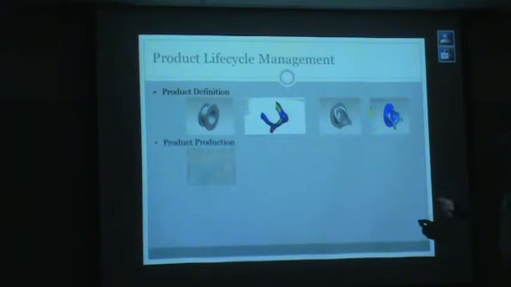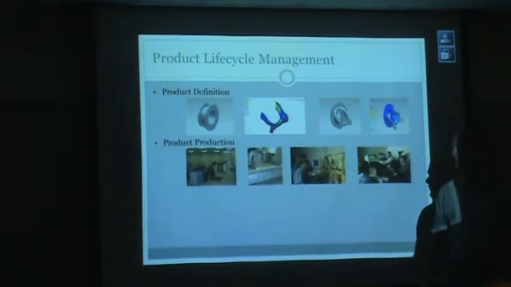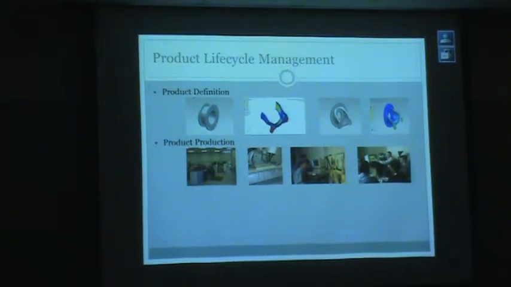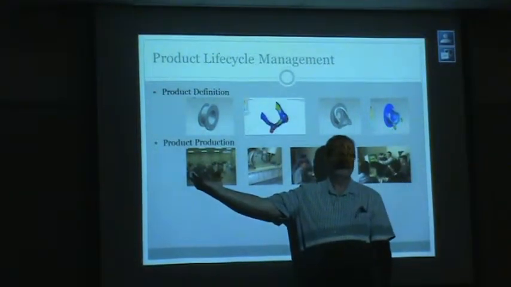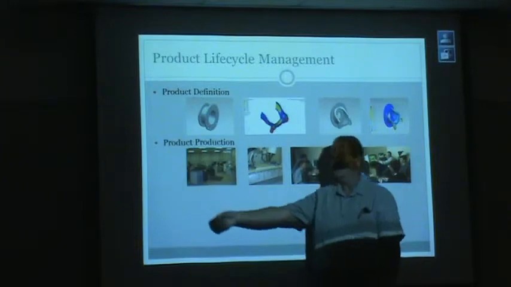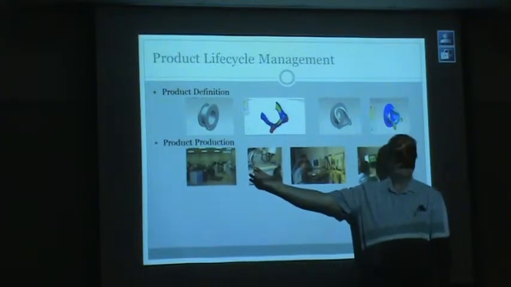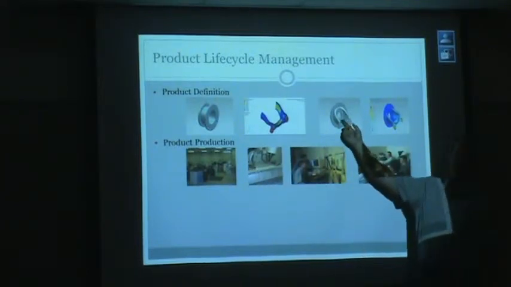Oh, okay. The next thing that you'll find in a PLM system is what is referred to as kind of the product production information. So inside of that, there may be a design of the factory. So this could be a factory CAD representation, okay, that's saved out in the PLM system. The next one could be an actual NC toolpath, a part program that is going to make this part.